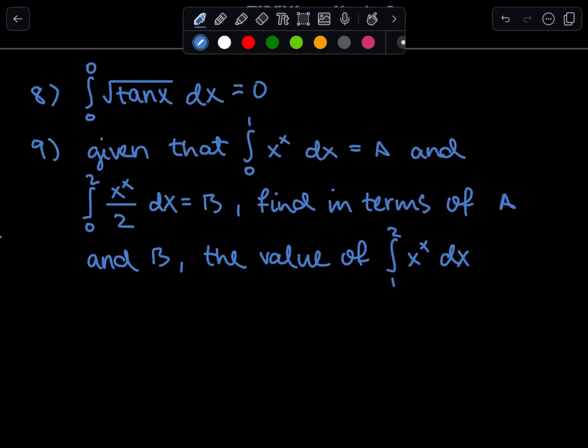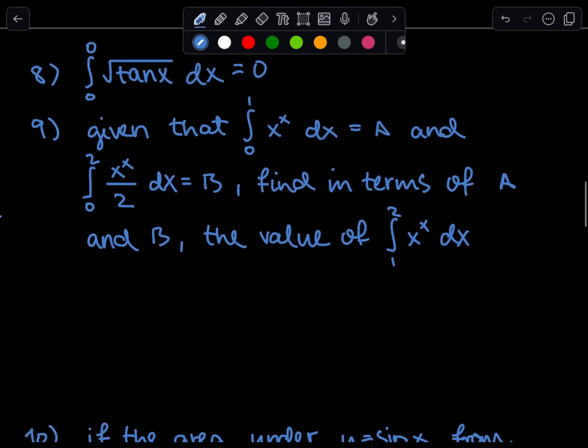9. Given that the integral from 0 to 1 of x to the power of x dx is a, and the integral from 0 to 2 of x to the power of x dx is b, find in terms of a and b the value of the integral from 1 to 2 of x to the power of x dx.